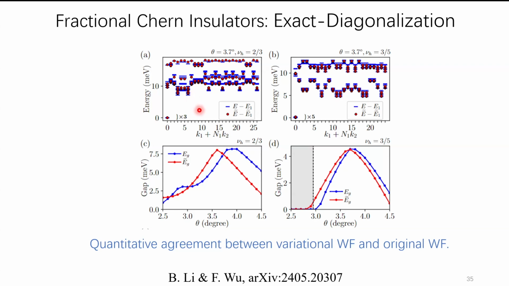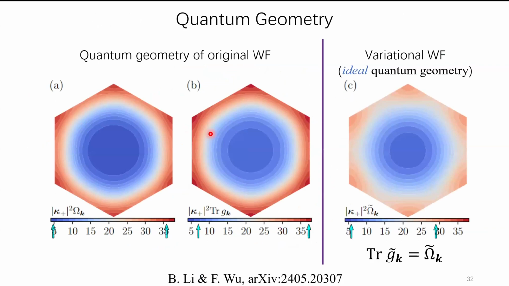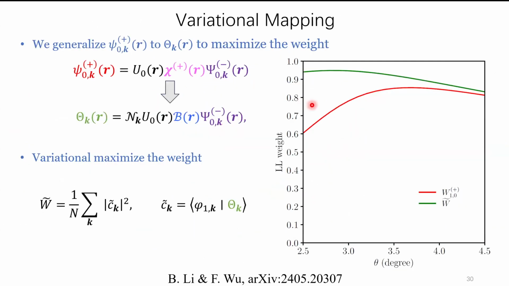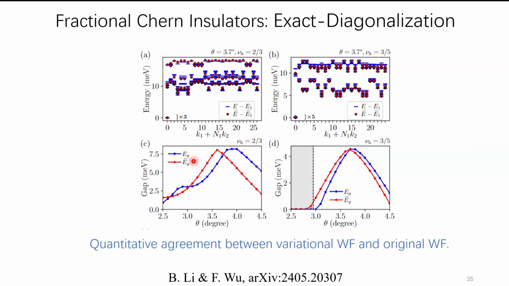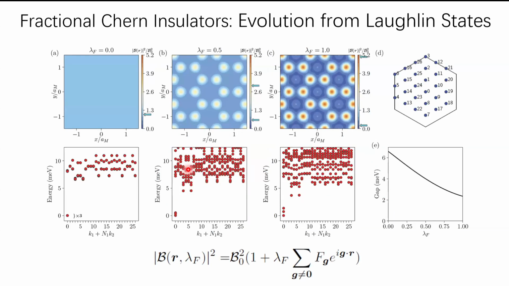And there is a very interesting observation: we have high overlap here around 0.9 degree twist angle, but at this twist angle, the FCI is not the strongest in terms of the gap. The reason is that at small twist angle, the spatial variation of the wave function is also strong. And this variation of the wave function leads to a reduced gap.